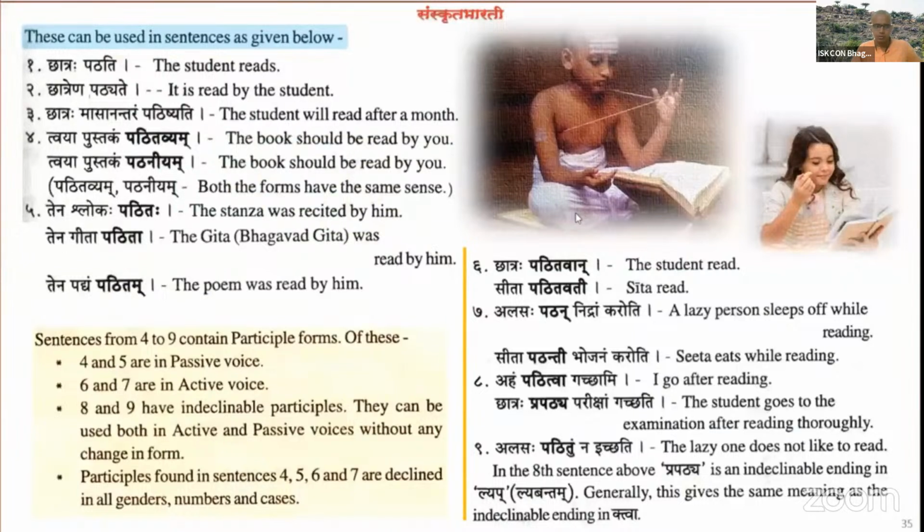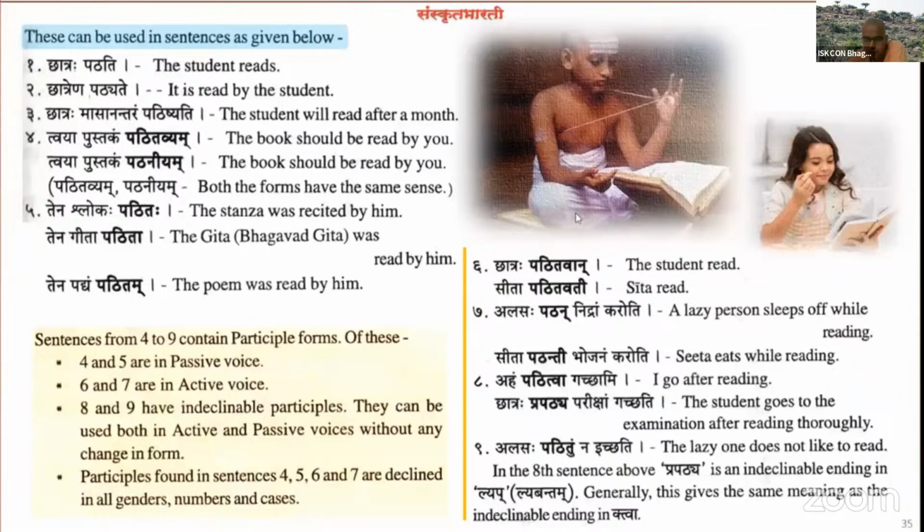Then comes 6 and 7, which are in active voice. So what is the structure of active voice? Karta is main, Kartri Prayoga. Karta is main and karta is in Prathama Vibhakti. And the verb will be the same as the karta.